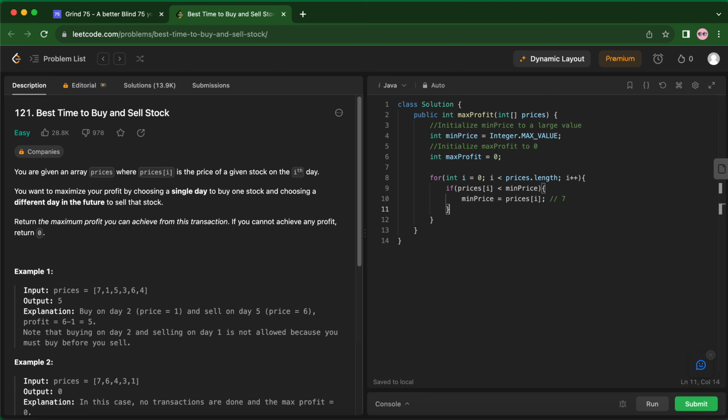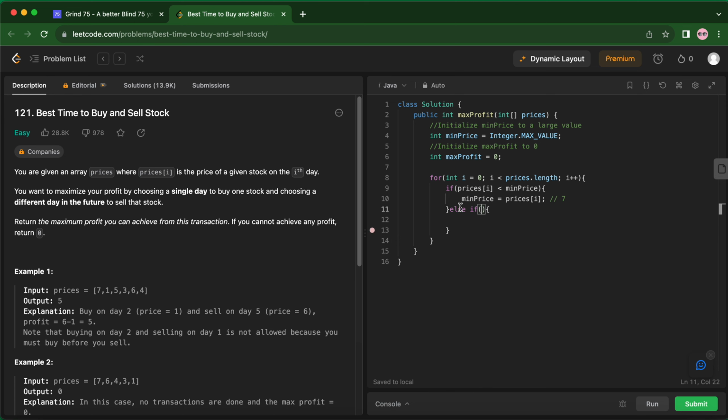Else if. I'm going to write the else if condition here. This would be for the cases when prices[i] is not less than min price. But let's say when will we arrive here?